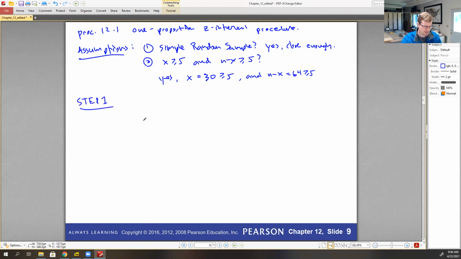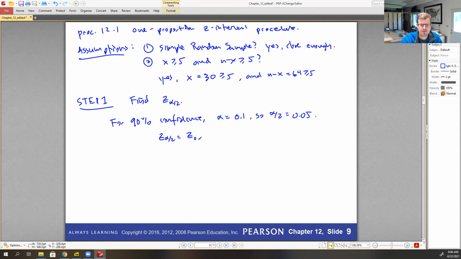All right, so then we move on and we take a look at our first step. Step 1 is for us to find z sub alpha over 2. So for 90% confidence, we already said this, but alpha is equal to 0.1. So alpha over 2 is 0.05. That tells us that z sub alpha over 2 is equal to z sub 0.05.